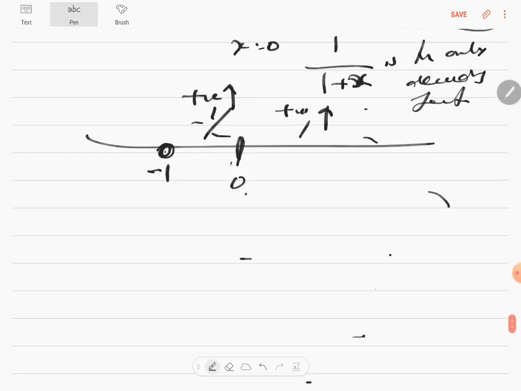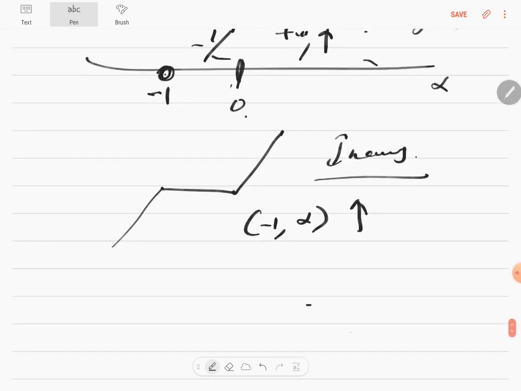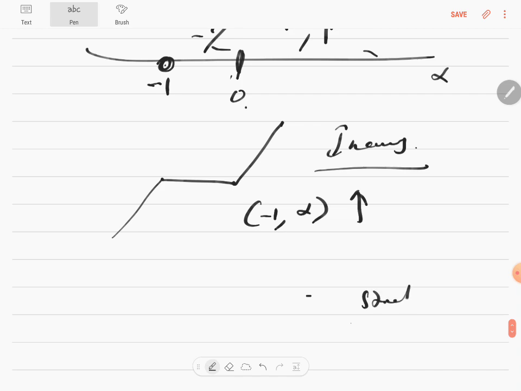If the question is about just increasing, not strictly increasing, just increasing, which means it's increasing, it's becoming 0 and increasing. So I can write open bracket minus 1 till open bracket infinity varaikum. It is always increasing. But if the question changes for strictly increasing, I have to write open bracket minus 1 till 0 open bracket, because at this point m is 0, this point is undefined.